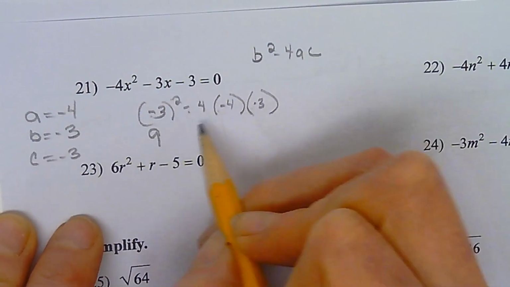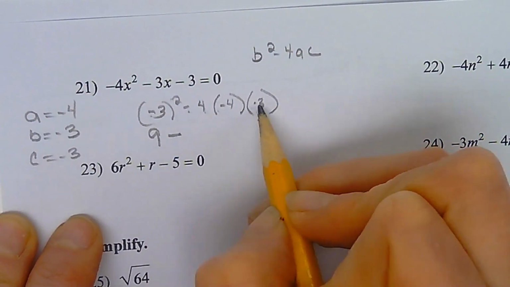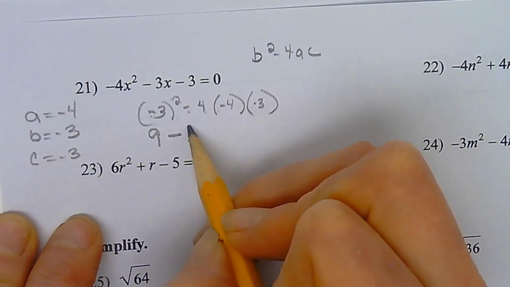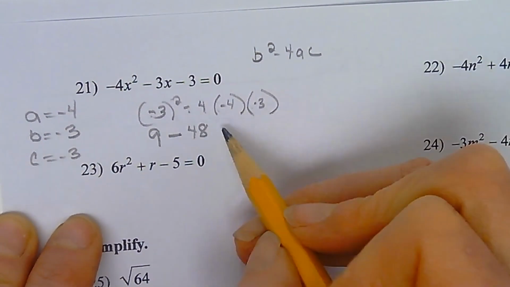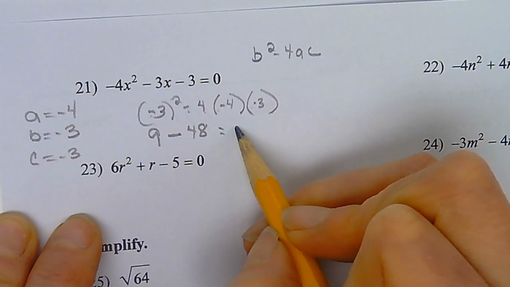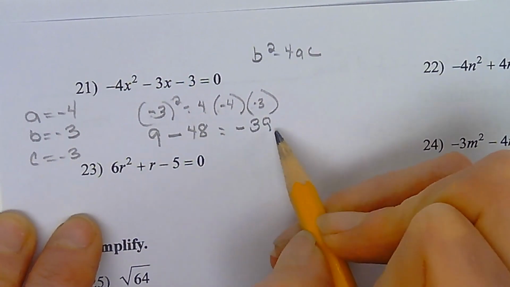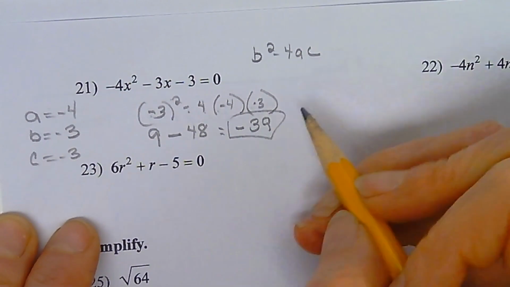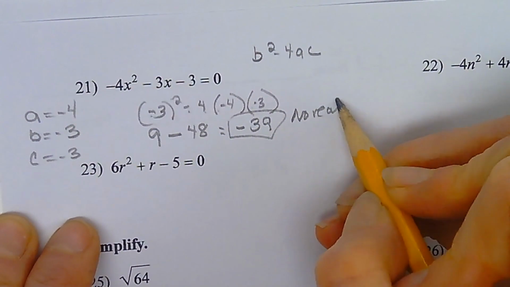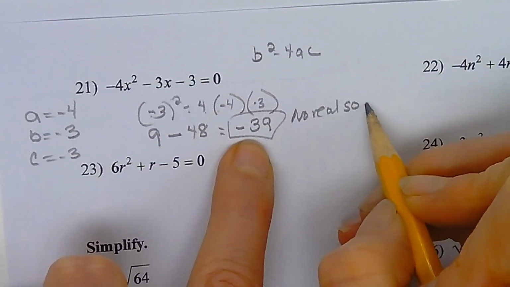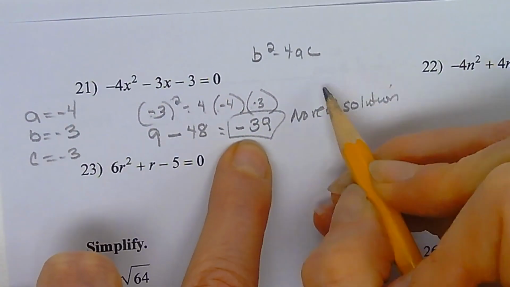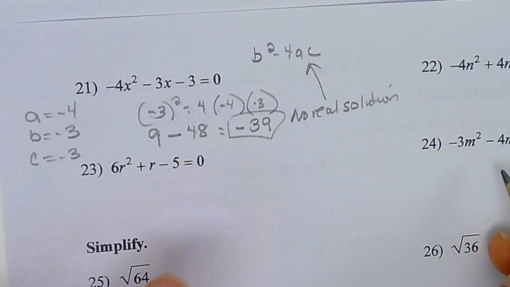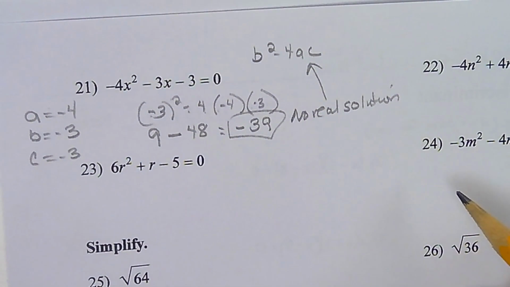I have minus, minus, minus, so it's going to be minus 16 times 3. 16 times 3 is 48. This is going to be a negative number, -39. So because it's negative, we're going to have no real solutions. When your value comes out to be a negative number, you'll have no real solutions. Then you can try number 22.